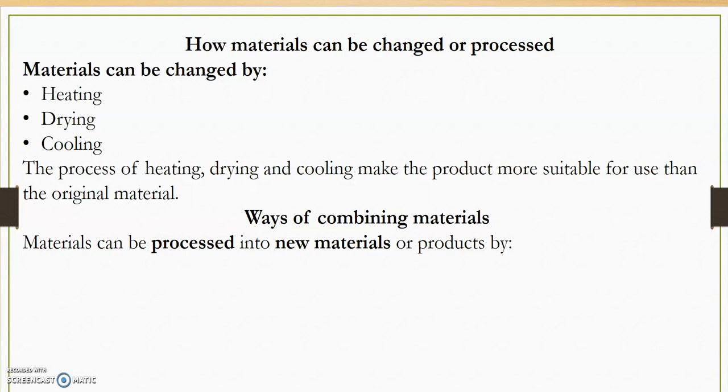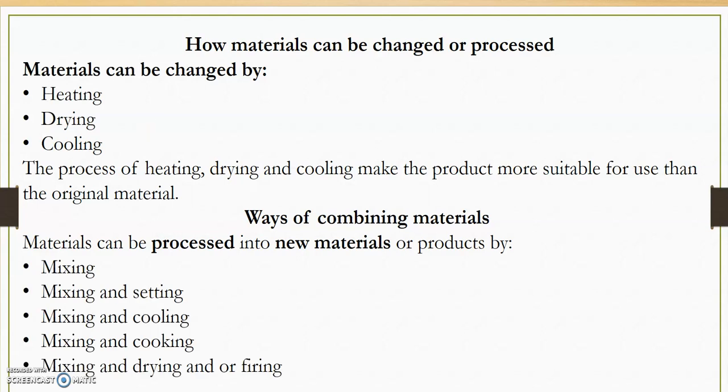Materials can be processed into new materials or products by mixing. Just mixing two items, you can actually come up with a new product. At times, mixing and setting will give you a new product. At times you've got to mix and you've got to cool.